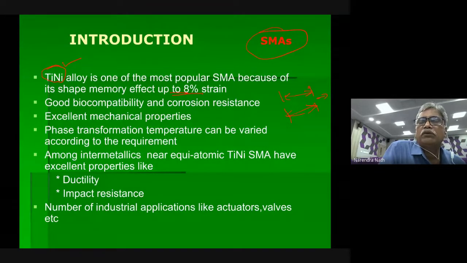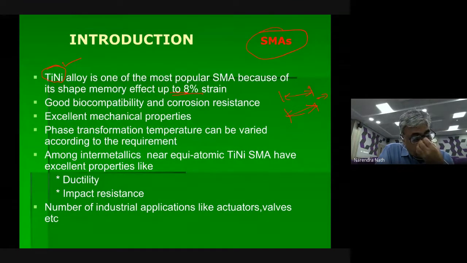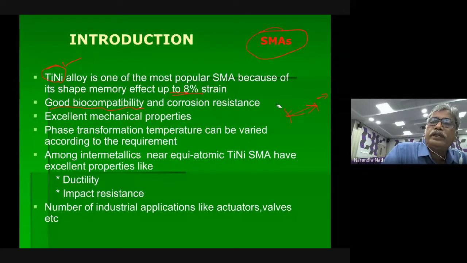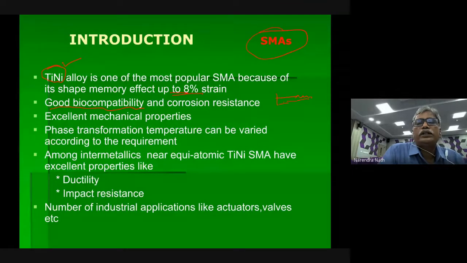That is one of the main advantages of shape memory alloys, whether copper based or nickel based. When we are talking of titanium nickel, for those who are looking at it as a biomaterial, one advantage is that it has very good biocompatibility. That means when you are replacing any hard tissue in the human body, for example any kind of screw you want to put in as hard tissue, when you place it inside the body it has very good compatibility.